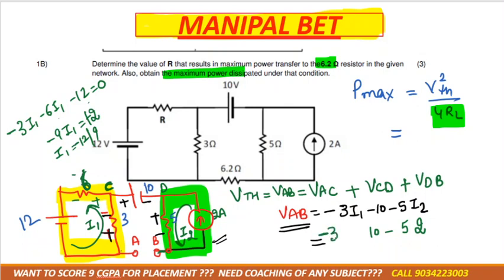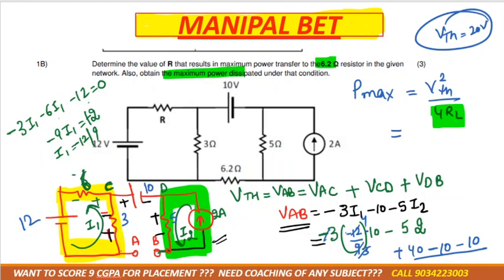That would be minus I1, but we got minus 12 by 9, right? That would be 12 by 9, minus minus would be plus, plus 40, minus 10, minus 10. 40 minus 20, so you'll get V equal to 20. Understood?